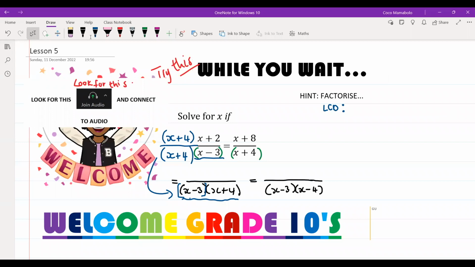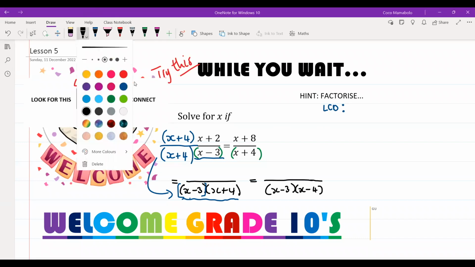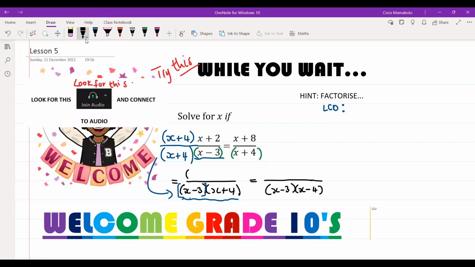Says they can hear me perfectly fine. Okay, excellent, Keisha. Thank you so much. Pika and Funzo can hear me. Luanda can hear me as well. All right, guys, I know that we've got the national electricity crisis, and that normally does affect our network. So if you cannot hear me, remember that all of these are recorded. And I hope you guys can catch up.